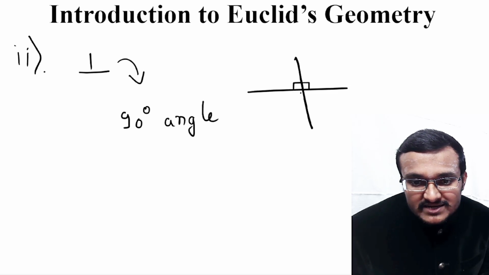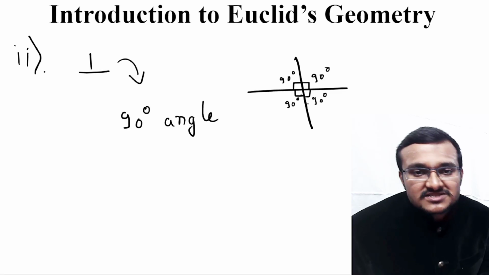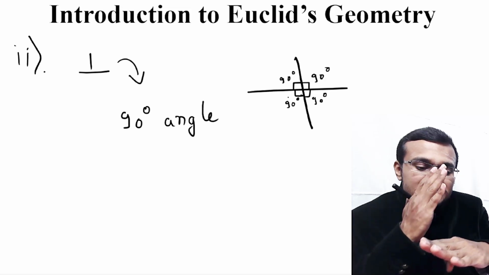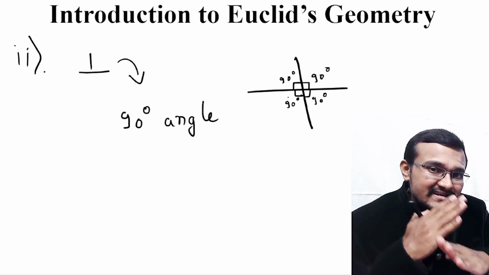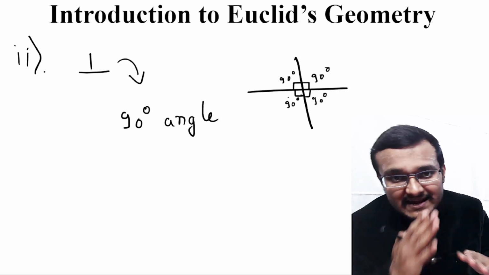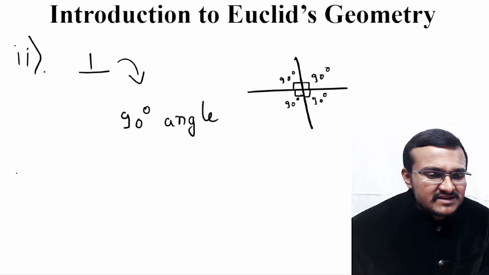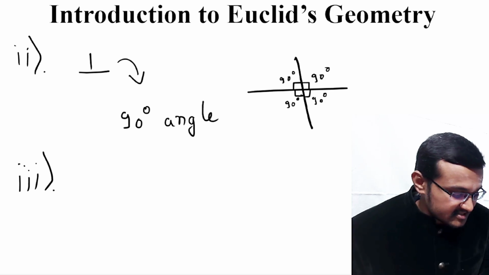So here also 90, 90, 90, 90. If these two straight lines are meeting at one common point and they are maintaining a 90-degree angle, then these two lines can be known as perpendicular lines. This you can write in your own words.